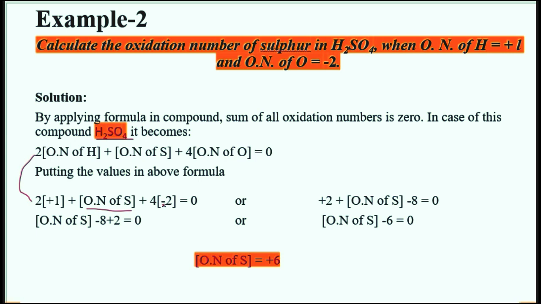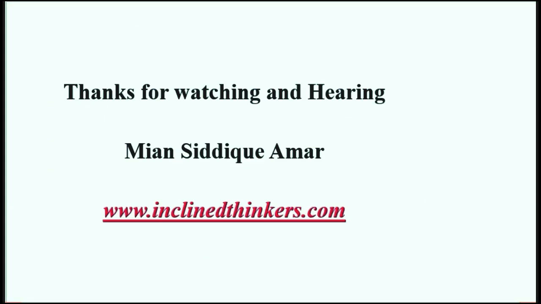When we write it in short form, we have +2 plus the oxidation number of sulfur -8. The oxidation number of sulfur minus 8 plus 2 is equal to 0. So the oxidation number of sulfur minus 6 is equal to 2, right? At the end, the oxidation number of sulfur is equal to +6. This was example number 2.